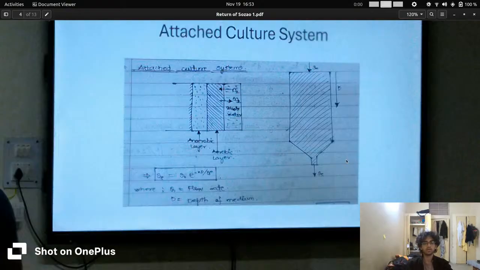Here, the time would be how much time it takes for the given flow of water to reach. Now, this is going under gravity, so depth will obviously be one of the variables.